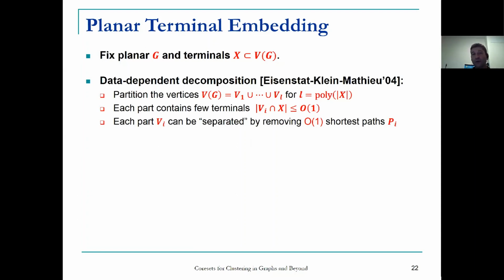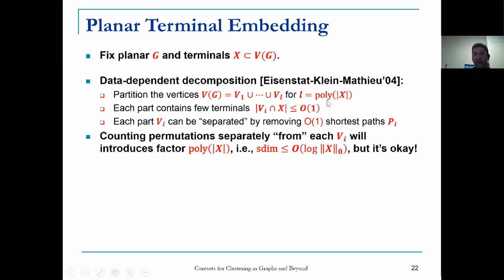So we use a decomposition, what I call data-dependent decomposition, like we did in the tree, where you go through the portals. I don't have time to describe it, but we have to have something that depends on poly x, the number of data points x. And then when we do the counting, we have this poly x factor in this t, right? Remember, we have this h to the t.